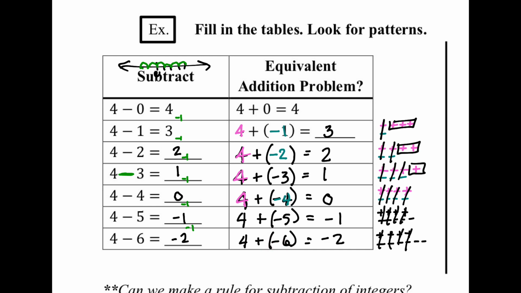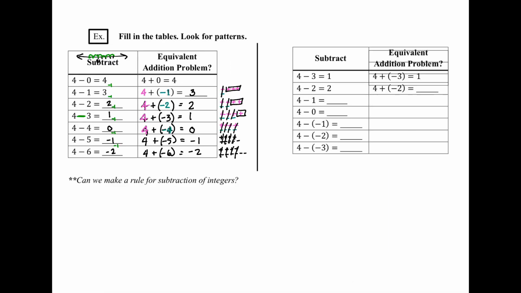So what you can learn here is changing subtract to add a negative. Can we make a rule for subtraction of integers? Let's just use that same thing that I just said. Change subtract to add a negative.